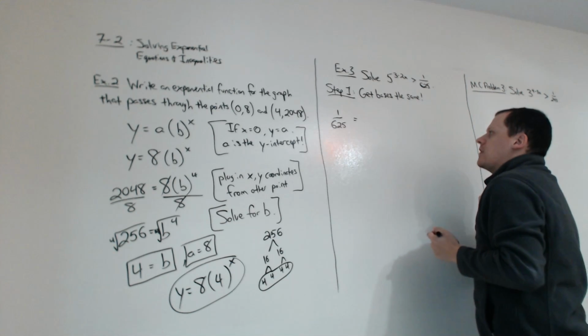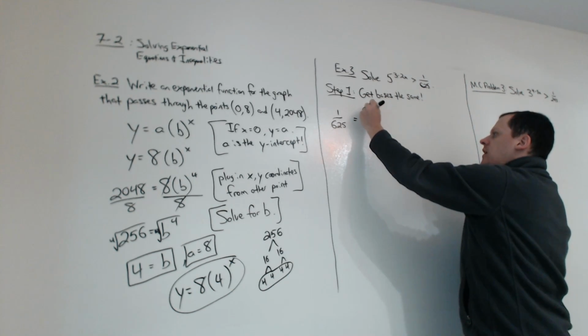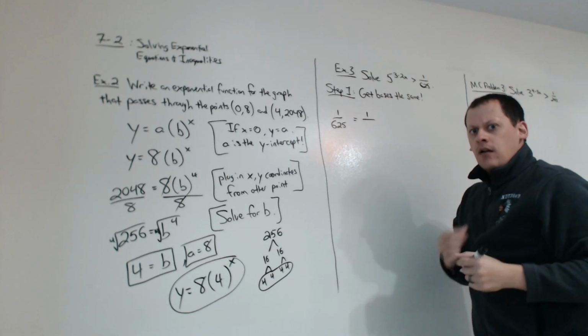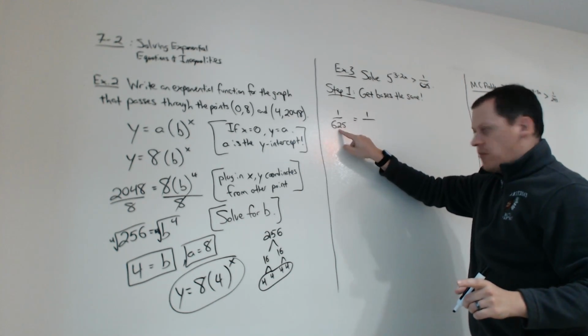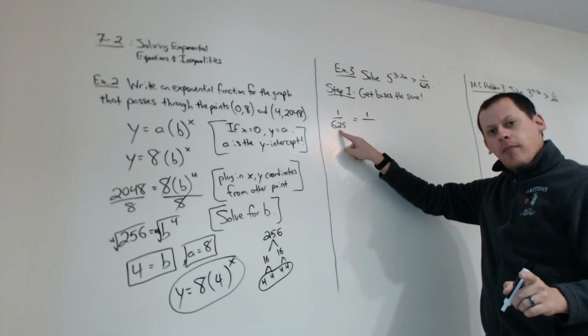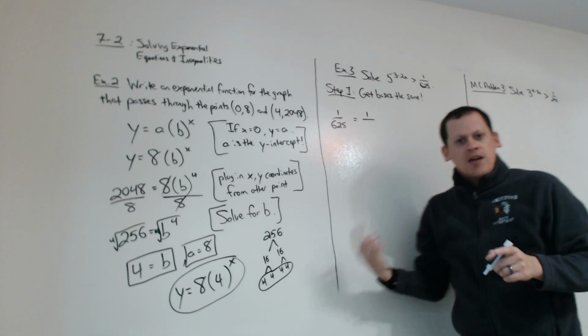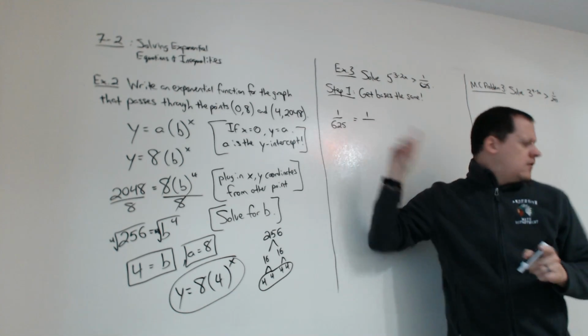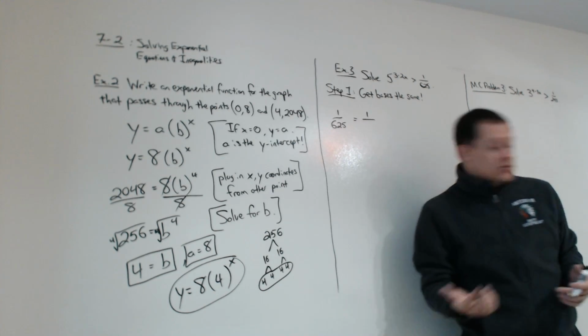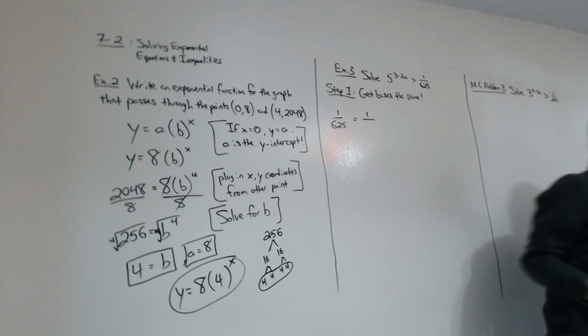Now, this 1, there's not much we can do with that. But the 625, I think we can write this number as 5 to some power. How many times do you have to multiply 5 by itself to get 625? Well, if you're not sure, hey, calculator.